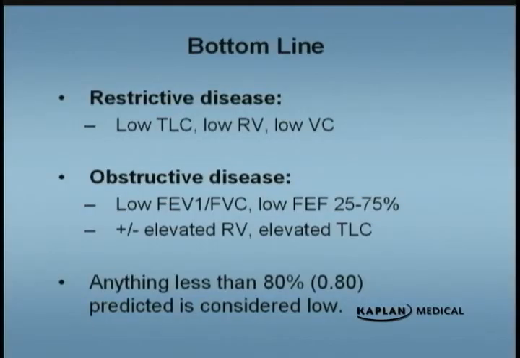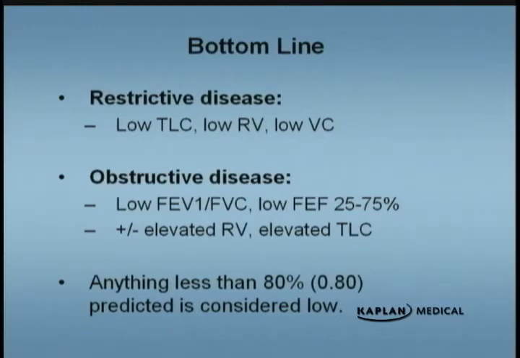Now, I told you either one of these is good enough to diagnose obstructive disease, either one. Plus, we have some other things that point towards this indirectly. For example, because patients with obstructive disease have air trapping, when I look at their residual volume, it's going to be elevated, 110% of predicted, 120% of predicted, and their total lung capacity is elevated because they trap air in the lungs.